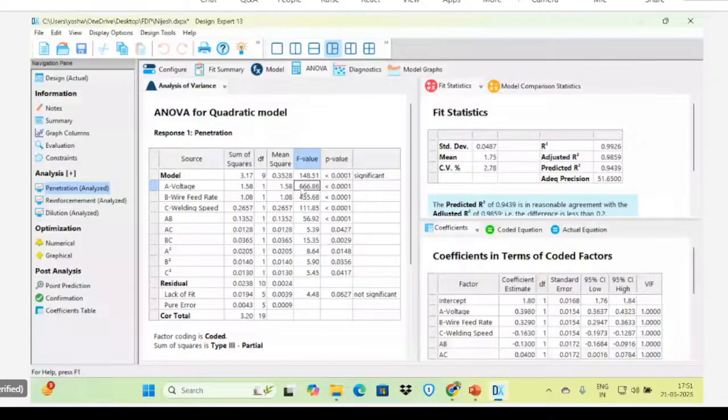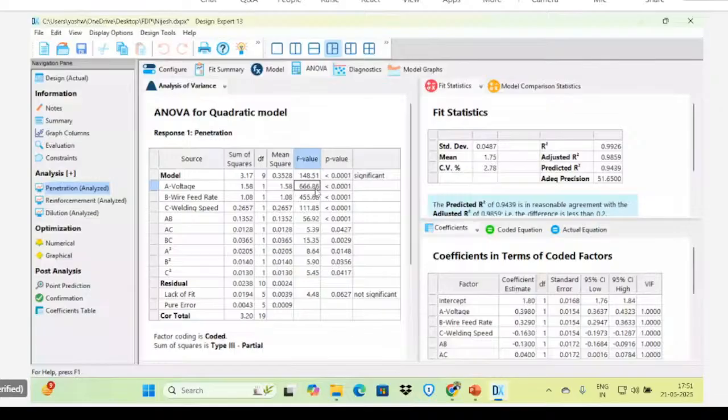We can put these values in the Excel file, calculate all the values, and divide by 666.86. It will come around the highest value.